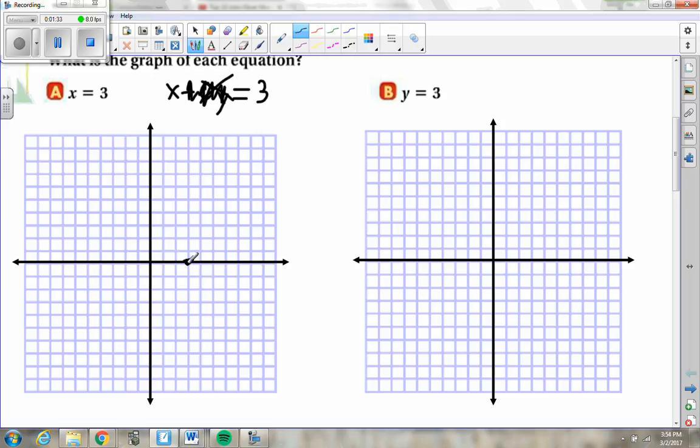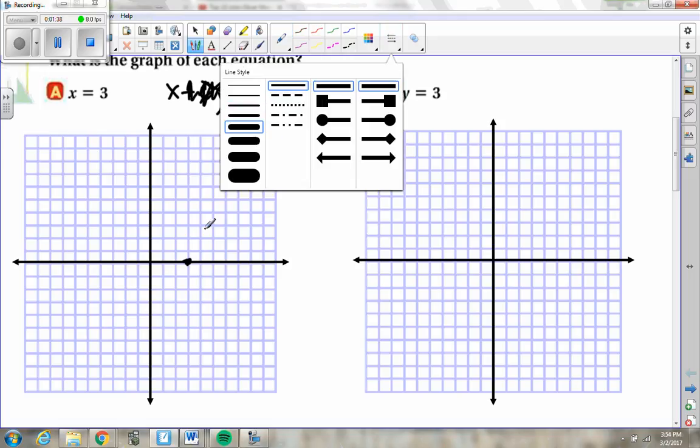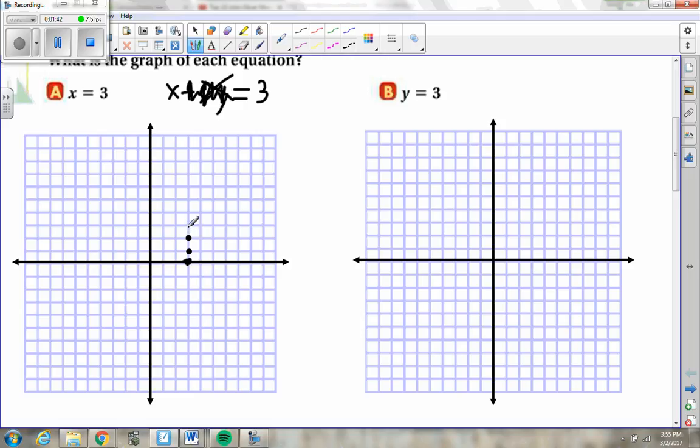But the x value is also 3 right here, and right here, and right here, and right here. And all of these points have an x value of 3. So the line x equals 3 is simply a straight vertical line right there, where the x value is 3.